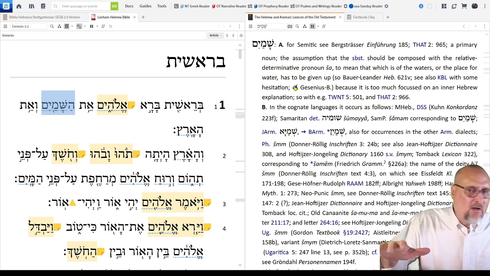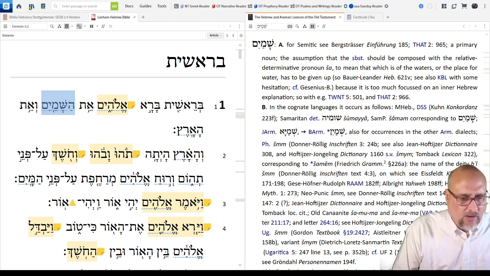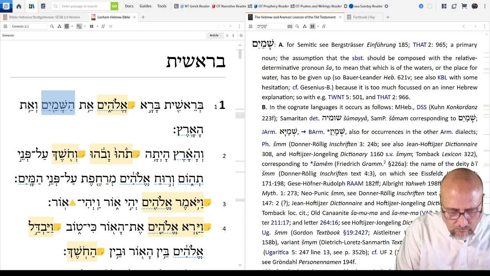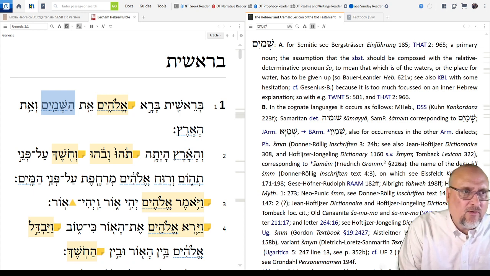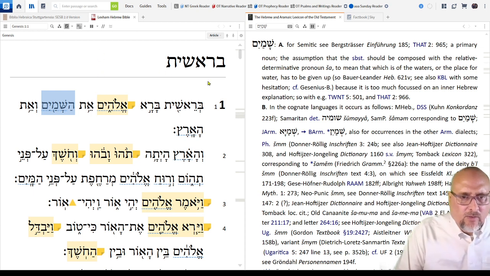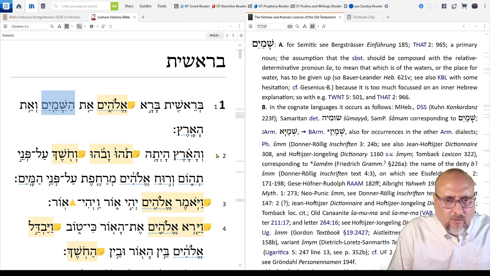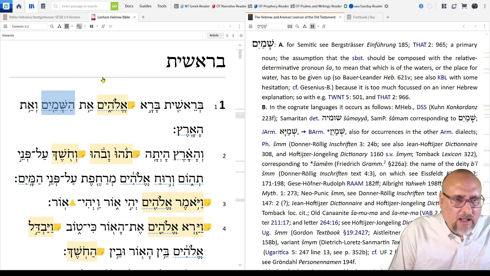So if you have the Concise HALOT, let me see if I can pull it up on mine. William L. Holladay, A Concise Hebrew and Aramaic Lexicon.